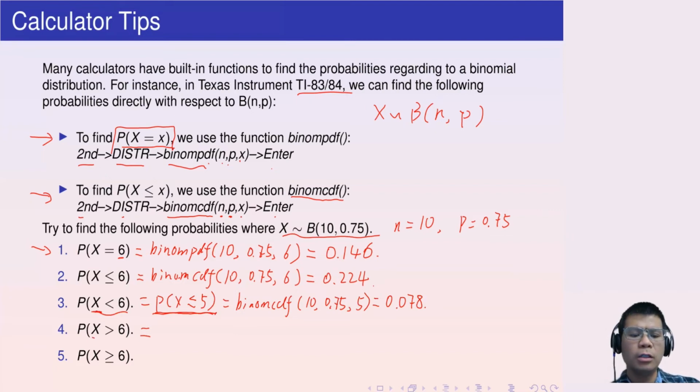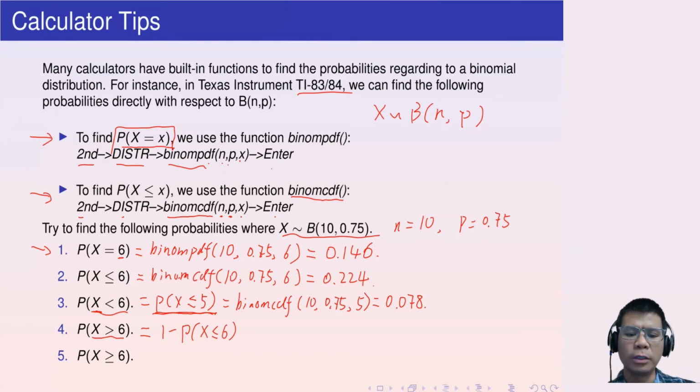This is the event that the number of successes is greater than 6, so the complement event is X less or equal than 6. Using the complement rule, the probability for the number of successes to be greater than 6 is 1 minus the probability that X is at most 6.